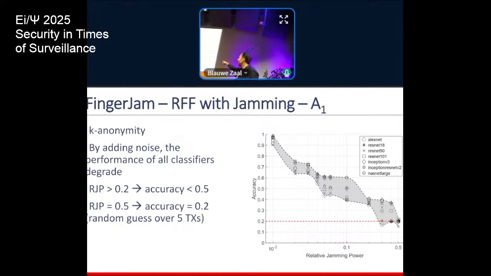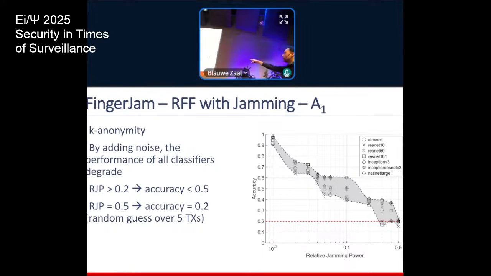So only a relative jamming power of 0.3 is enough to have a random guess. That relative jamming power of 0.3 at the same time affects the signal-to-noise ratio and the bit error rate. So the actual challenge is to trade off between these two parameters.